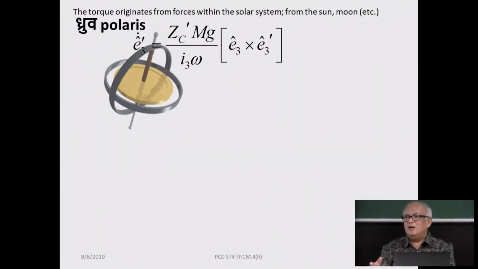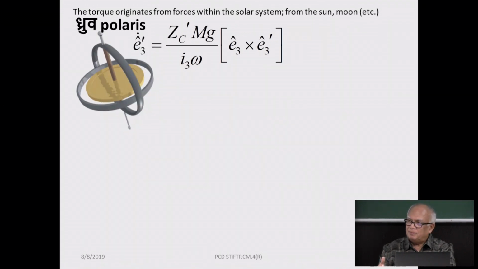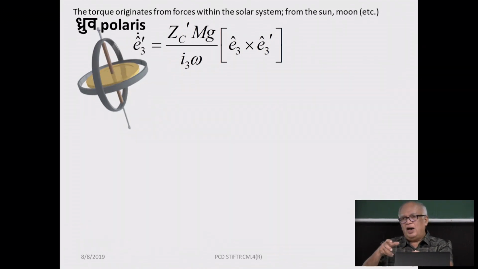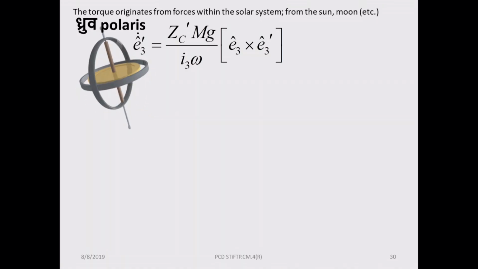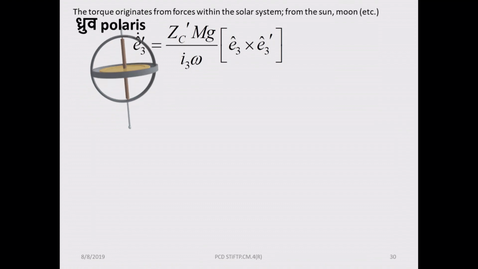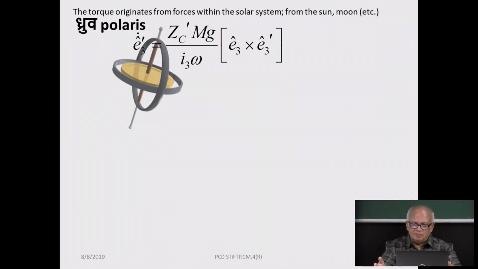It's not just the sun, but there are forces due to other objects in the planetary system, in particular the moon, right? And when you have these two forces, or more. If there is a single force, it will always be along the radial line, and there will be no torque. Angular momentum will be conserved. But when there are two forces along different lines, there will be a net torque. So the sun and the moon together, and then to make matters worse, there are other objects in the solar system.